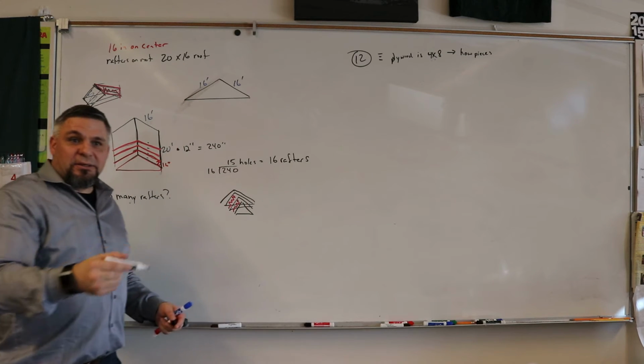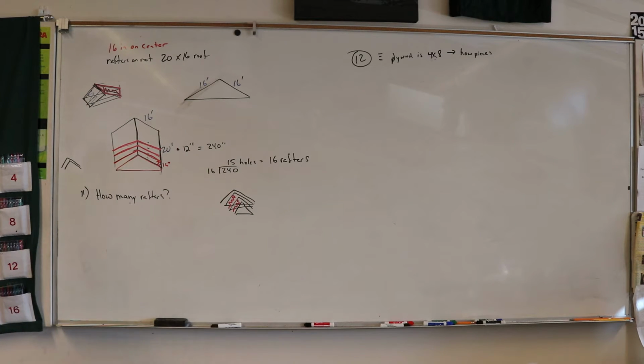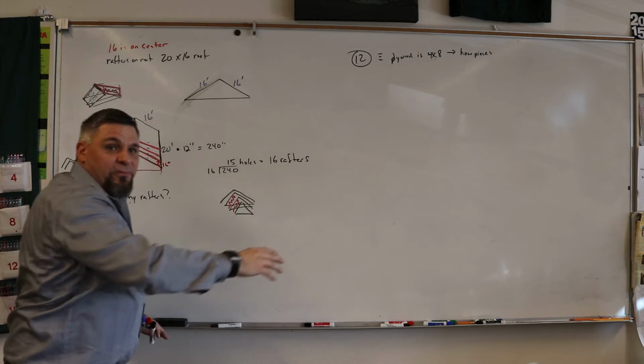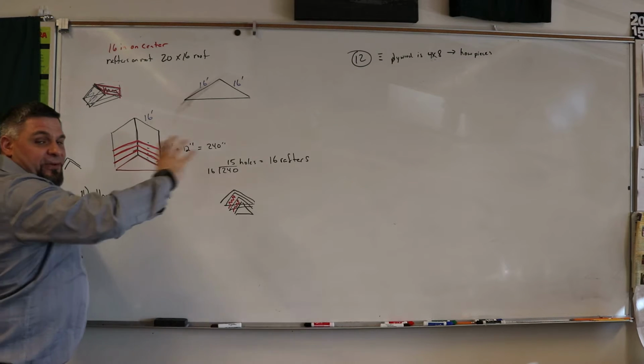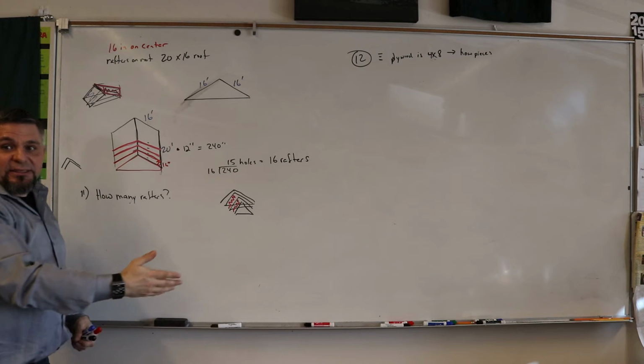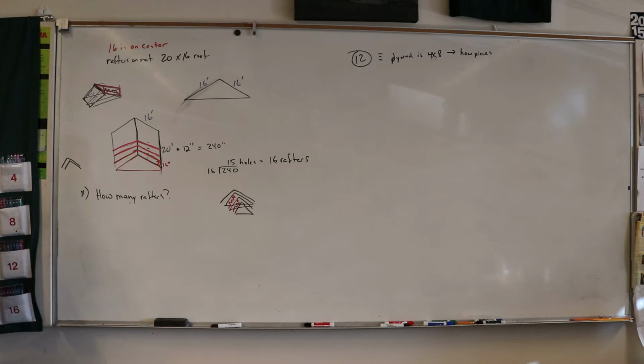So always 1 more rafter than we have holes. And it's the same thing for studs in the wall. If we have 15 holes for the wall, then we need 16 studs. That make sense? So remember that when you're doing problem 8.